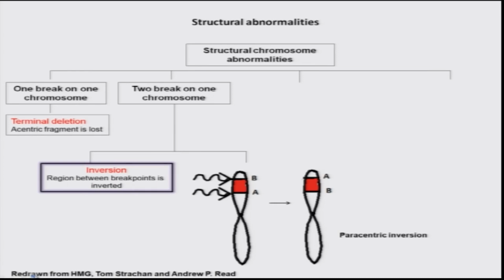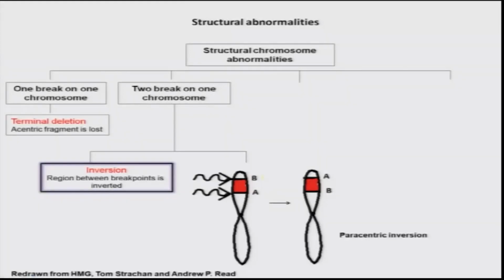So you may have a condition wherein there is no loss or gain in the chromosome, but the order of the chromosome or part of the region is altered, like what you see here. There may be breakage here and here, and the orientation of this segment gets inverted. So you have a chromosome now with a different structure.